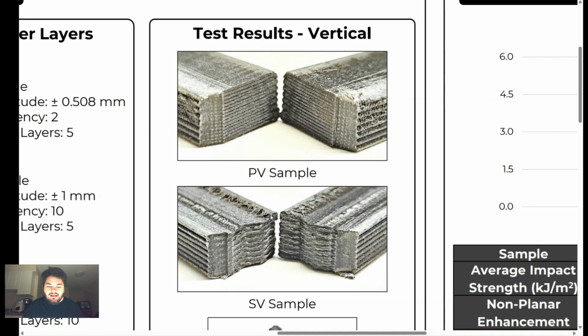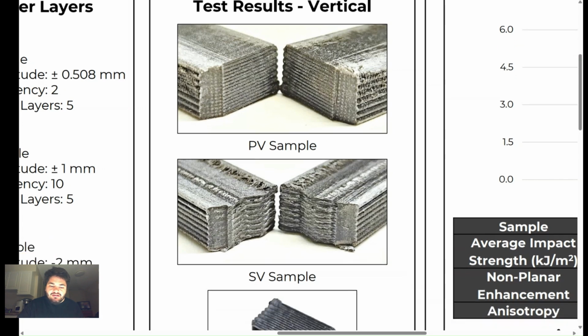Here's the notch, and you can see that the crack in the sample is also sinusoidal because, as I told you, the sample tends to detach the layers instead of breaking, because the interlayer bonding is a little weaker than the material itself. The planar one purely delaminated, so you can see it's a very clean fracture, and it's just one of these layers which is detached from the other part. It's a very smooth fracture, and that doesn't take a lot of energy.